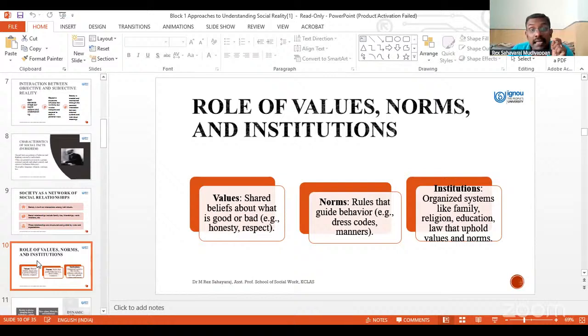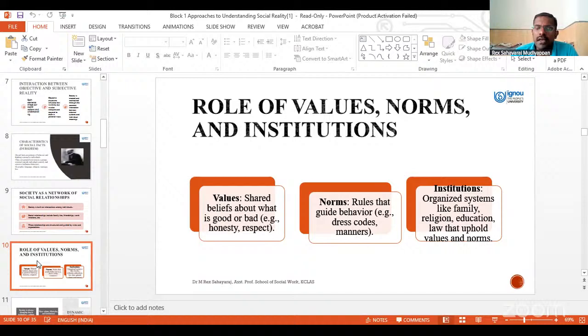Norms. That is rules that guide behavior. So how I have to behave in the society. For example, take norms in marriage or especially in funerals or death: you have a lot of rules and regulations in the society, right? Any society has certain types of norms.